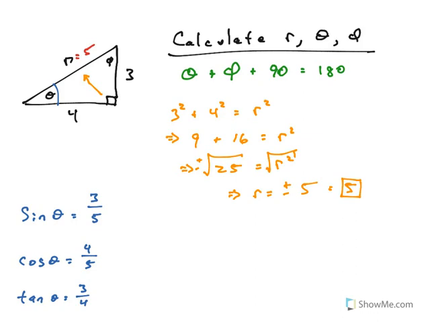And the reason is this. Let's say I tried to use sine is 3 over 5. This would be right if, when I calculated r to be 5, that's true. It's actually right. But what if I made a mistake in my calculation here and I got r is 15? I did something weird and I got the wrong answer for r, but I don't know it. I think it's 15.